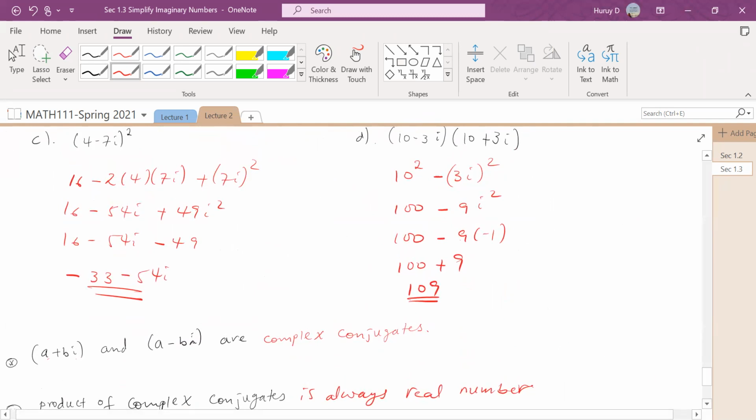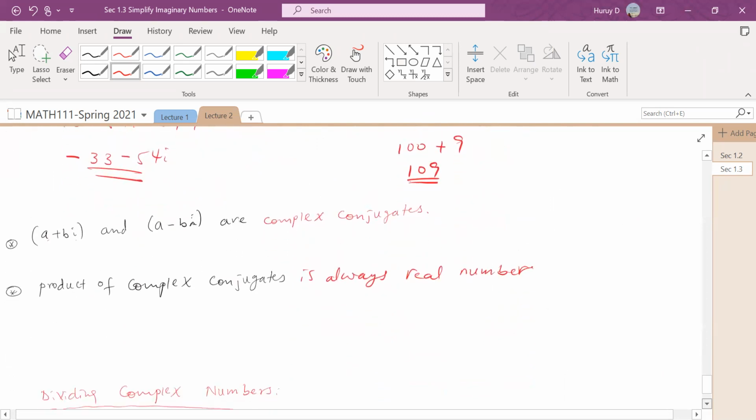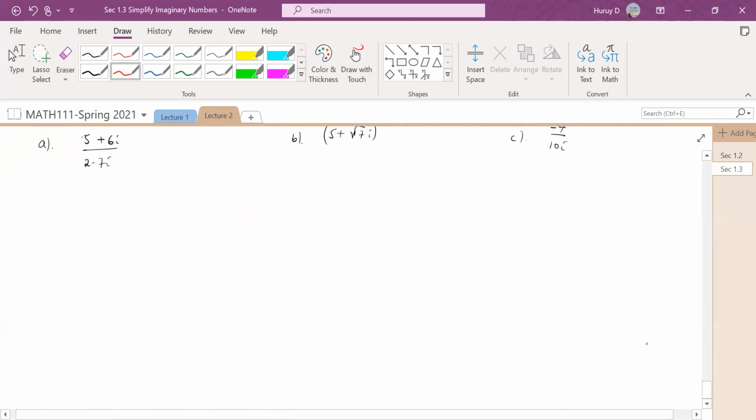It doesn't matter whether it's negative or positive, but you always get a real number. So you multiply both sides by the conjugate of the denominator. You just change the sign of this term. If it's negative, put positive. If it's positive, put negative. Okay, this is the conjugate of this one. And you have to multiply the numerator by the same number, and then you just apply the distribution property.